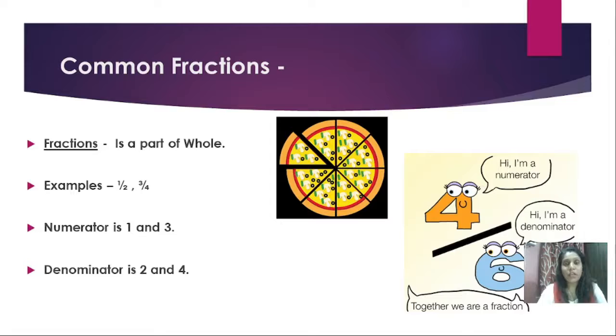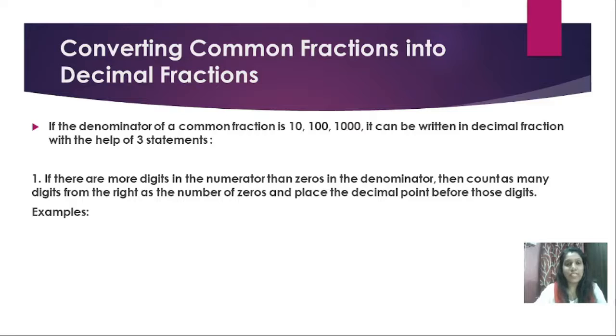Now we need to convert this common fraction into decimal fraction. And now we will see that. If the denominator of a common fraction is 10, 100, 1000, it can be written as a decimal fraction, but with the help of these 3 statements. Now let us see what are these 3 statements one by one.